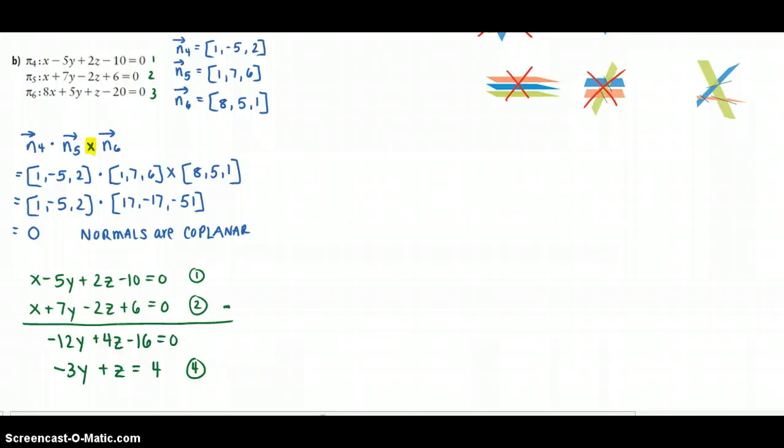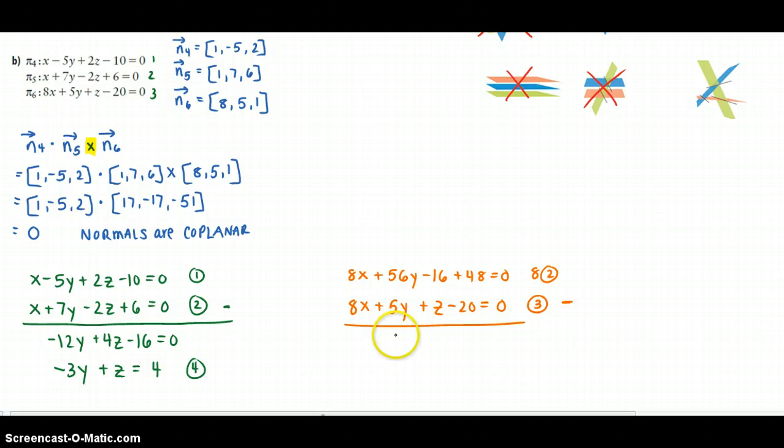In order to eliminate the x from between equations 2 and 3, I need to take equation 2 and multiply it by 8. Subtracting these, I get 51y minus 17z plus 68 equals 0.